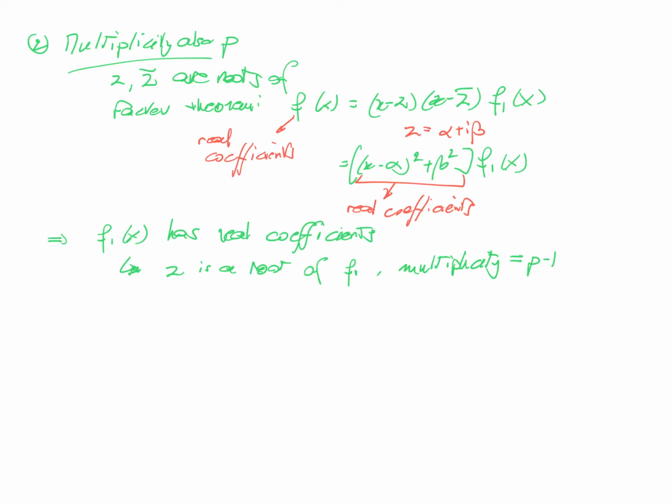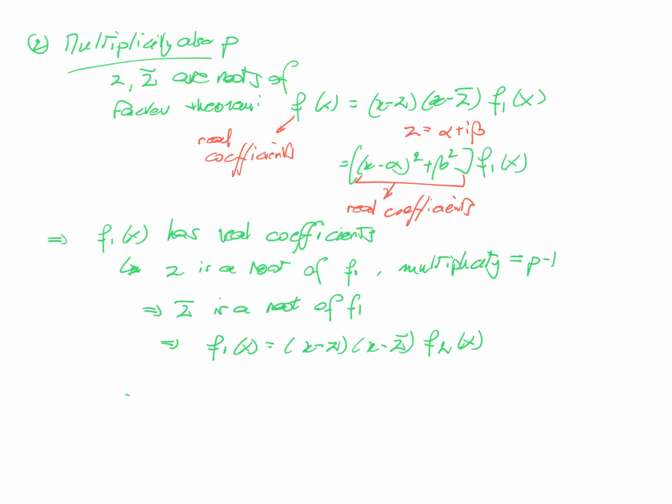We have z is a root, so this means that z conjugate is a root. We just proved this in the first part of the theorem. We just do it on f1 instead of f, so z conjugate is a root of f1. And thus we can write, due to the factor theorem, that f1 of x is (x minus z conjugate) times another f2 of x, which is again a polynomial.